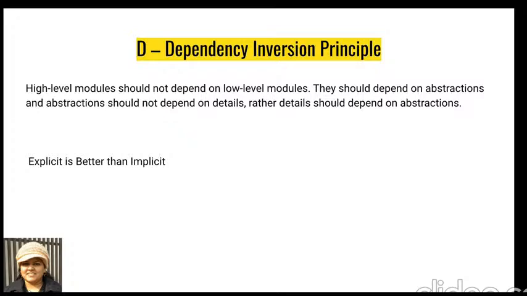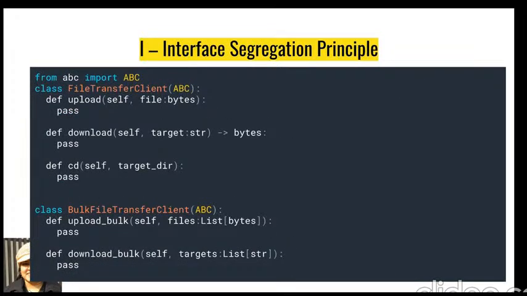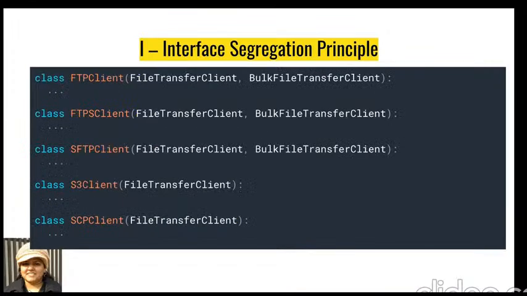What the dependency inversion principle says is the same thing. High-level modules should not depend on low-level modules. They should depend on the abstraction, and abstraction should not depend on the detail, which particularly means that now that we have abstract classes in place, like these ones, they should not use any kind of low-level class which is actually using or implementing them.